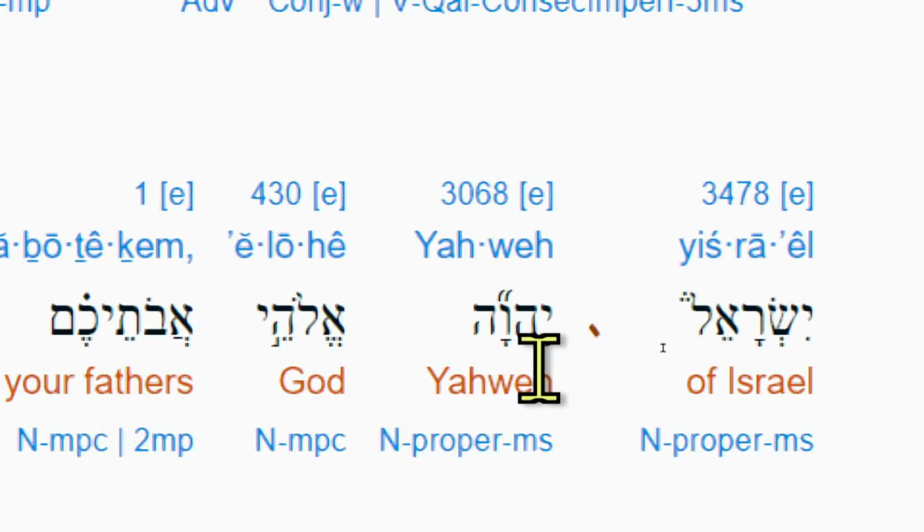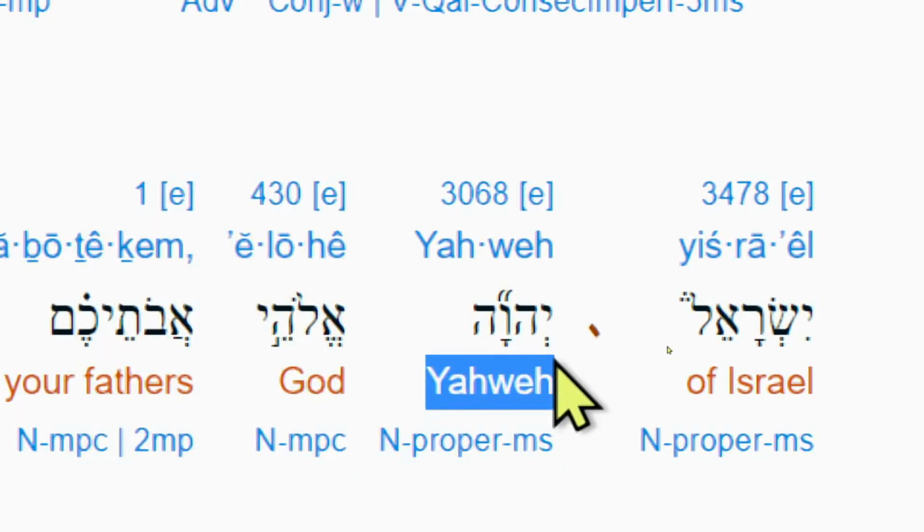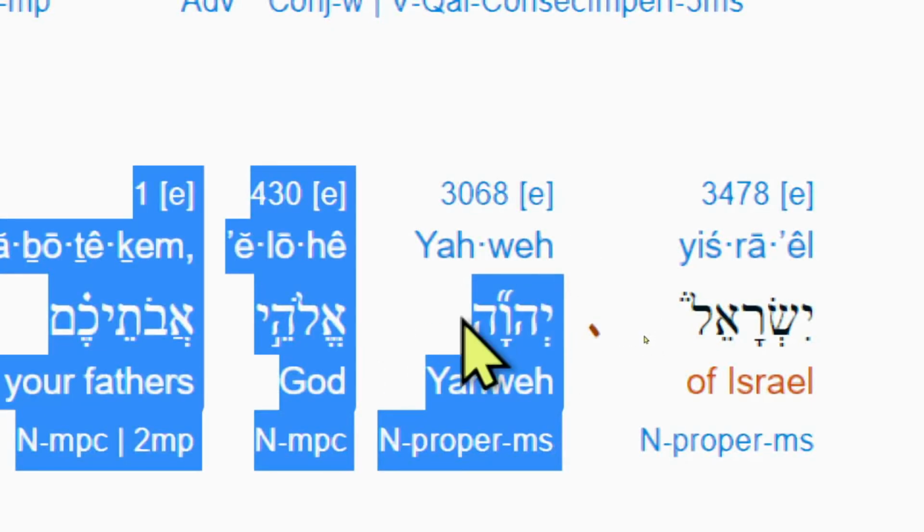And then we have another word, another name, that we want to go over. If we see it in English, they type it in as Yahweh. Well, they're typing it in here different from how they're typing it in here.